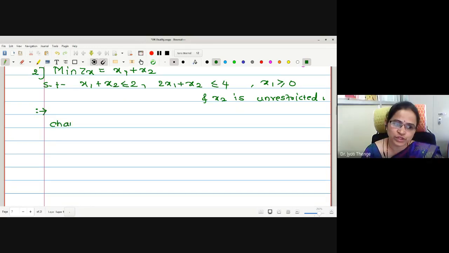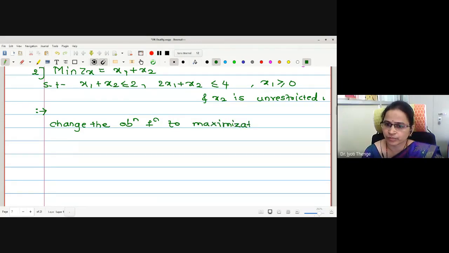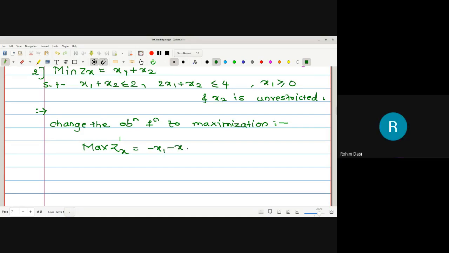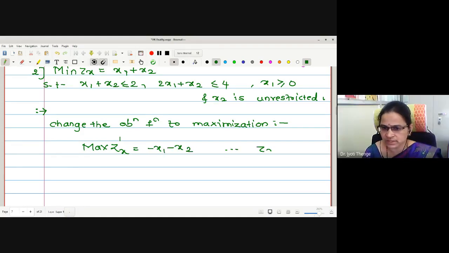Therefore, here we have to change the objective function first to maximization. Maximize Z(x) dash equals minus x1 minus x2. What is Z(x) dash?